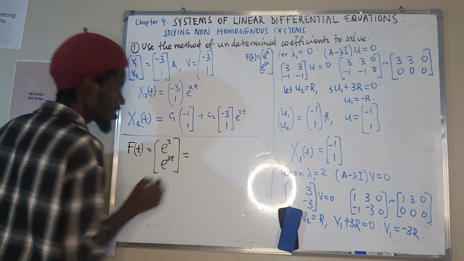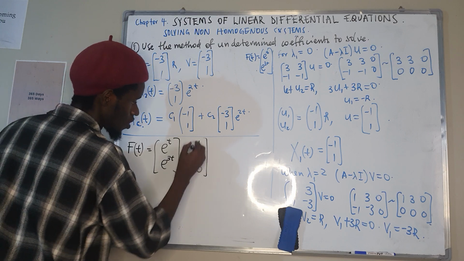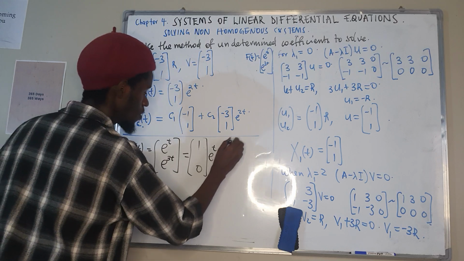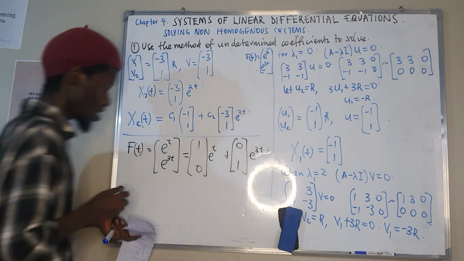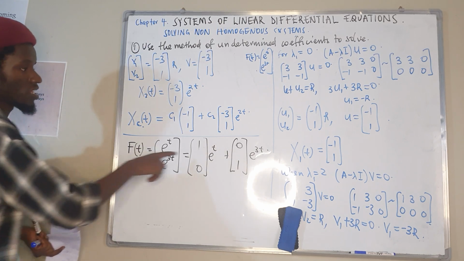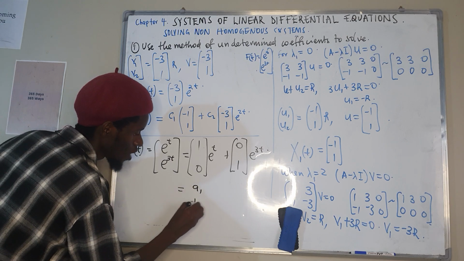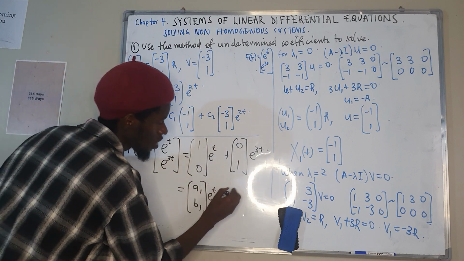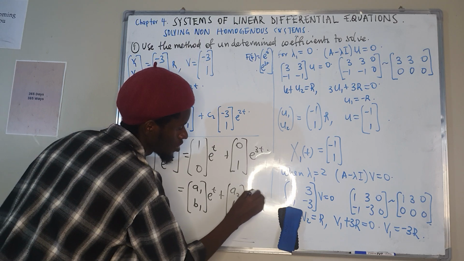Now this is the same thing as having, if I expand it, in terms of e^t, I have only 1 here and I have a 0 here. Now plus, for e^(3t), I have a 0 here and a 1. But remember, if my f(t) is e^t, my solution is going to be a e^t. Therefore, let a be here. Then I have something like a1, b1 times e^t, plus also the same thing here, a2, b2 times e^(3t).